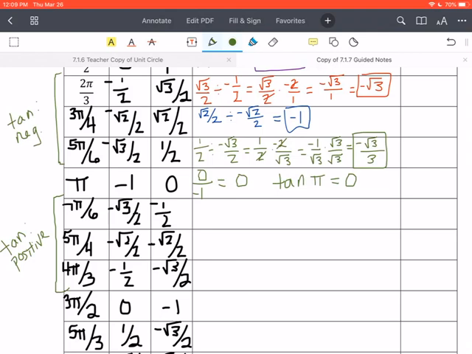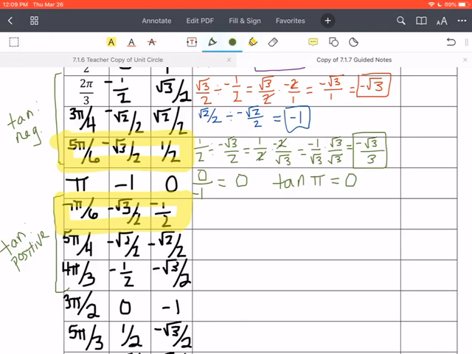But due to the symmetry, some of these values are going to be the same. If we look at 7 pi over 6, this box has the same values as this box in terms of sine and cosine, but the sign, meaning positive or negative, is slightly different.